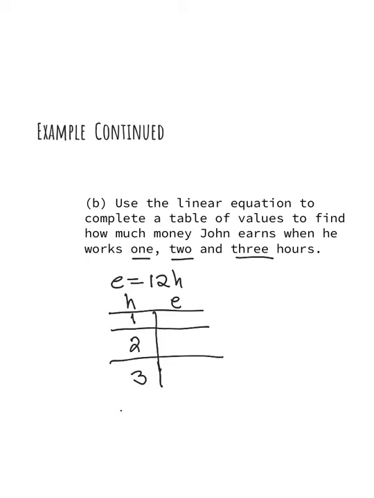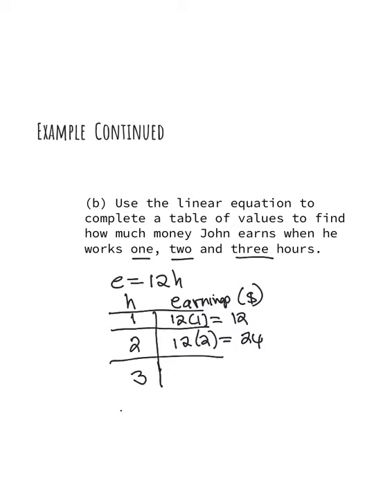So if he works 1 hour, he's going to get 12 times 1, which is $12. So this is 12, and this is earnings. I'm just going to put in dollars. If he works 2 hours, he's going to get 12 times 2, which is $24.